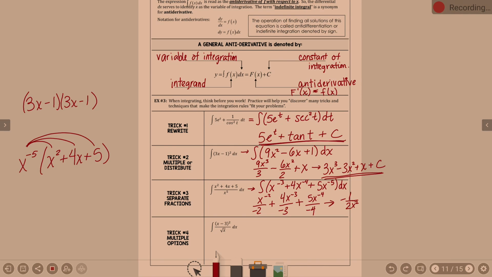Now this next one, it's 4 over negative 3, so I really should say minus 4 over 3x cubed. 5 divided by negative 4, so it's going to be minus 5 over 4x to the fourth, plus c. Not the prettiest looking. And again, not that you couldn't leave negative exponents.